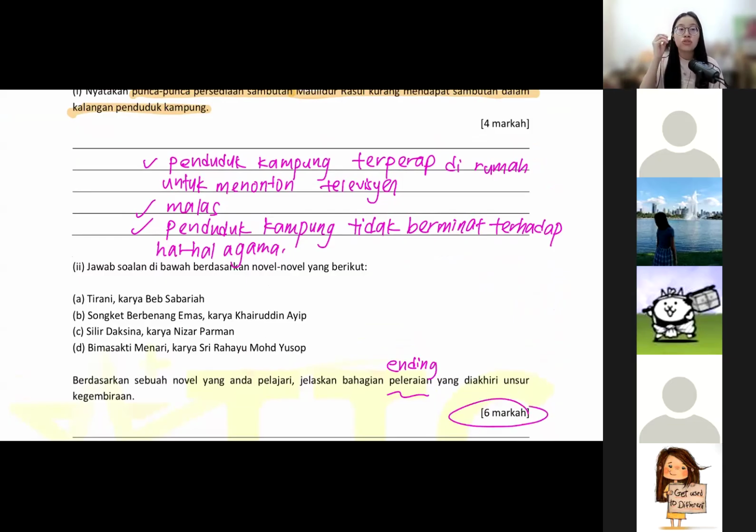Try your best to understand the story and write it in your own way. If you really can't remember, then you have to memorize. So they say the ending part should end with unsur kegembiraan, which is a happy ending. So you need to think about a happy ending and write it in your own way here. Now there's an answer for this, so no worries.